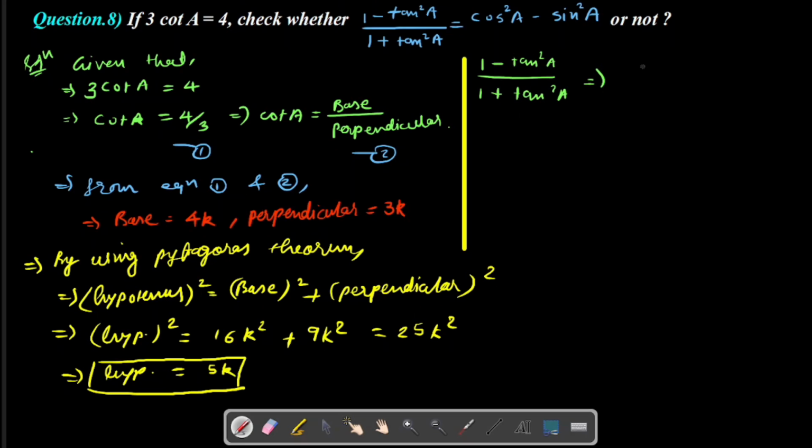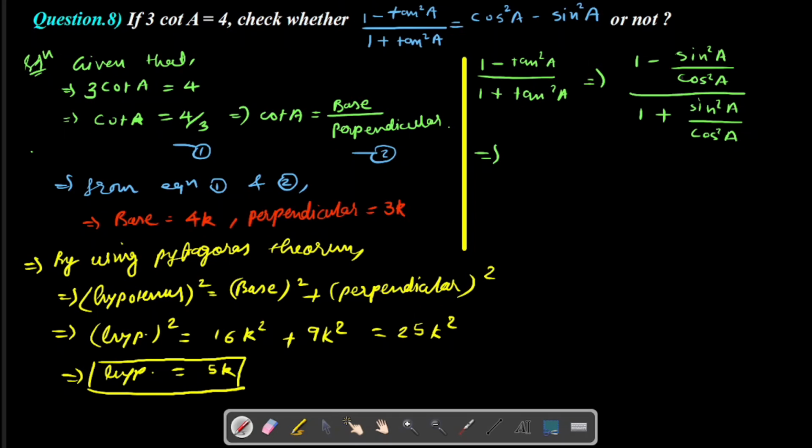Here we can write tan is equal to sin upon cos, so it becomes 1 minus sin square A upon cos square A, right? Similarly, in the denominator we have 1 plus tan square A, so it becomes 1 plus sin square A upon cos square A, right? Now we just find the LCM.